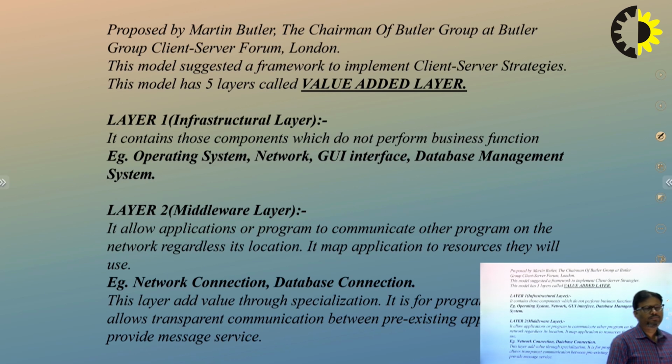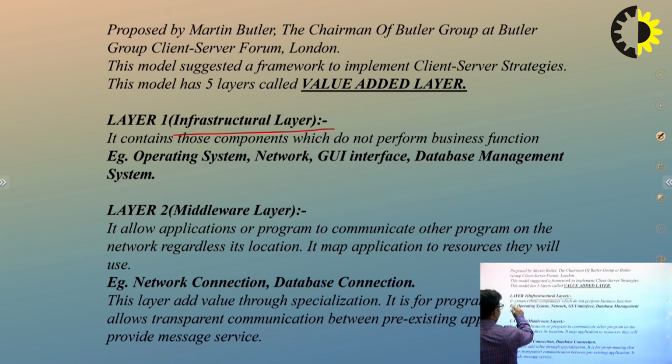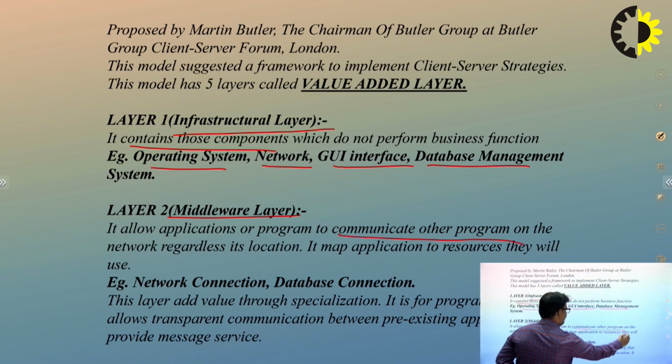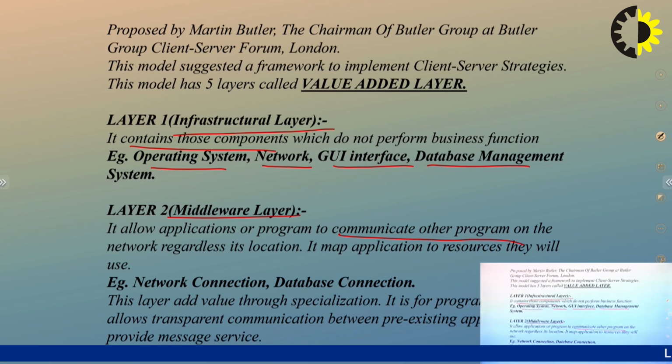Here we will use layers. First, the infrastructure layer. It contains those components which do not perform business functions: operating system, network, graphical user interface, DBMS. Second, the middleware layer. It allows an application or program to communicate with other programs on the network regardless of location.